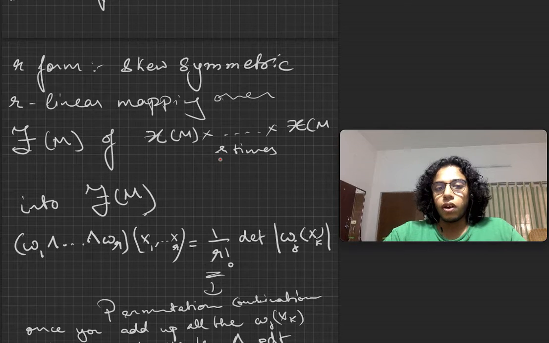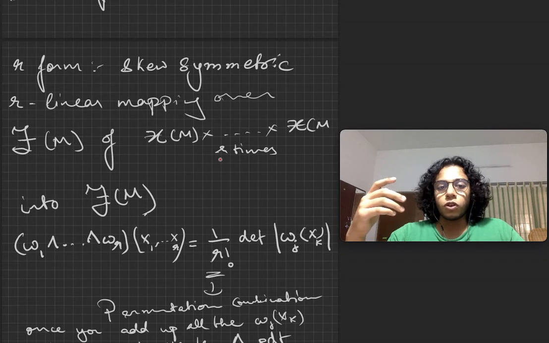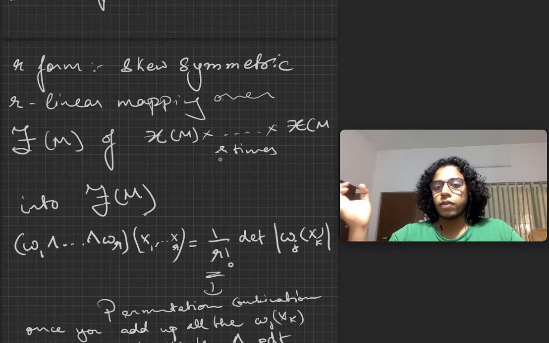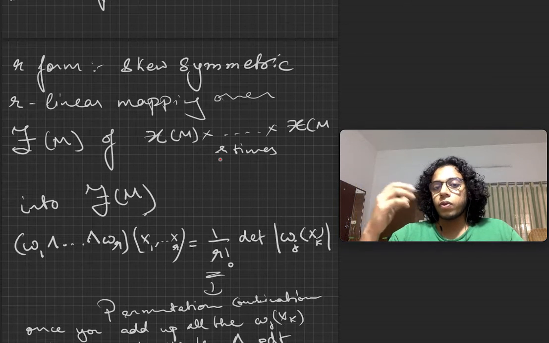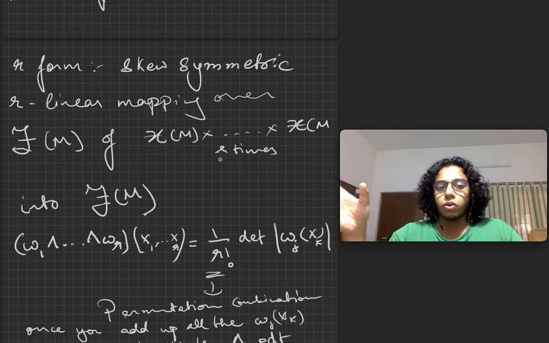So you have some sort of basis, or a coordinate basis, and then you take some r combinations of the coordinate basis in different ways. So you have the differential, the one-form, two-form, so many times until you have r-forms, and then you take the summation.